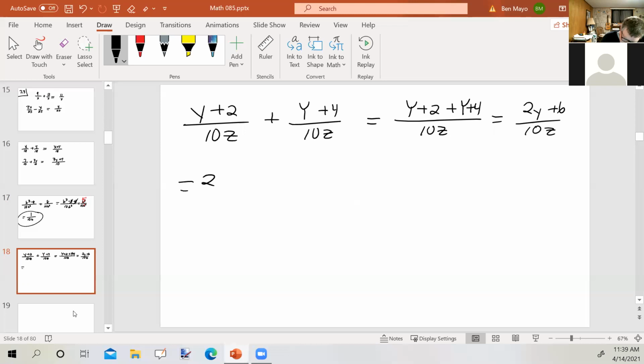I could then factor a 2 out of the numerator and then reduce 2 over 10 to 1 over 5, leaving me with y plus 3 over 5z. Any questions there?